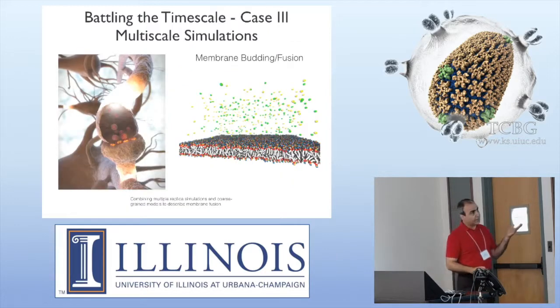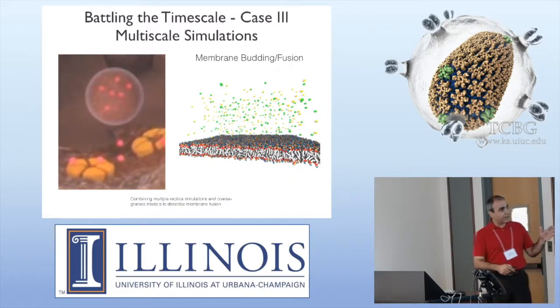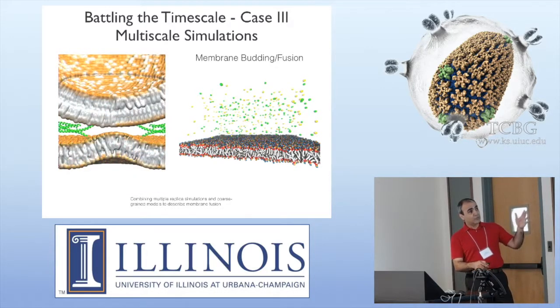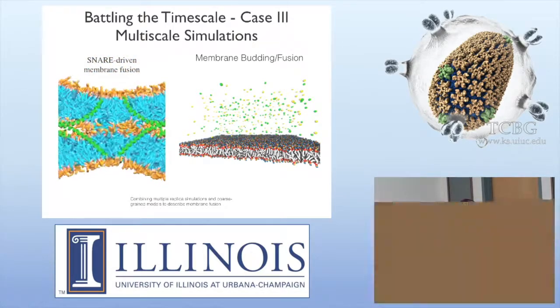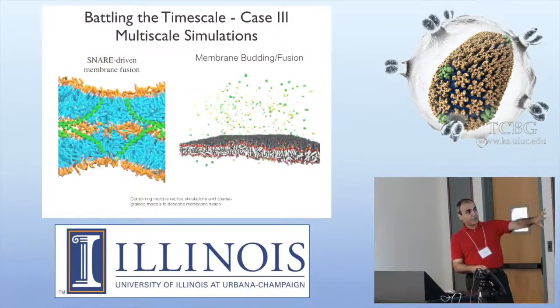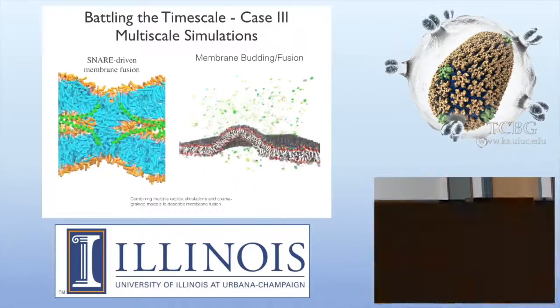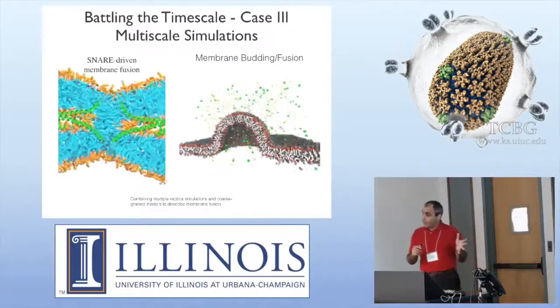So let's see, this is another example in which we are trying to look at, let's say, the vesicle fusion to the membrane and neurotransmitter release from a neuron. You have a very large structural transition of your membrane system, something that might not even be possible to do using collective variables.